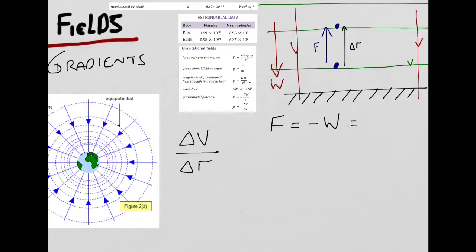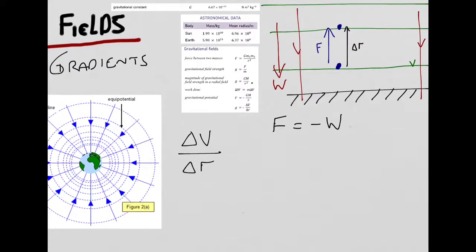The way we tend to write that instead is that mg, being the weight, is equal to minus F. It works better around that way, you'll see later on. So the weight is equal and opposite to the force that we would have to apply to move it up in the field. If we were to move it in that field, we would change its gravitational potential.